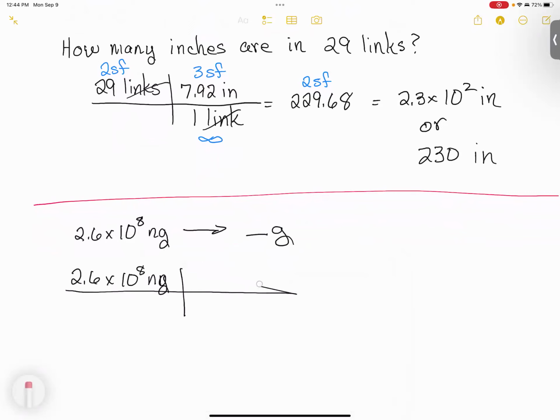But here's where that table comes in. Remember, when I do my table, the 1 always goes with the prefix. So the 1 times 10 to the minus 9 goes with the base unit. In this case, the 1 went into the denominator because of what I wanted to get rid of. It's based off of what I'm trying to get rid of, what goes in the denominator.